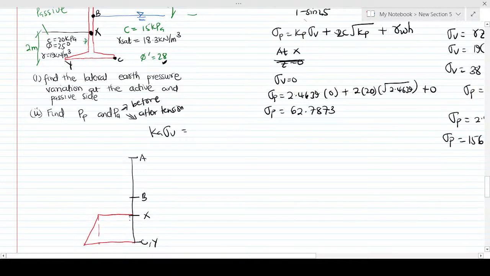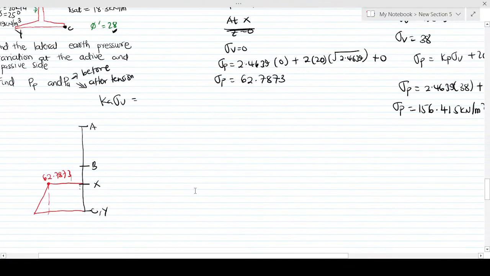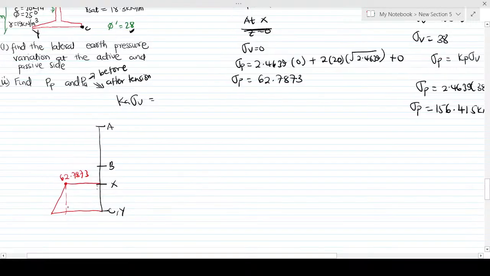So at this point, it was 52.7873, and at this point it was 156.415. And if I want the force there, it's just simple.